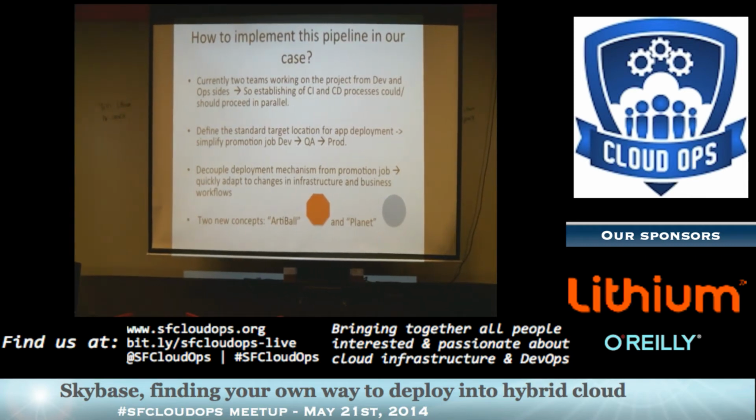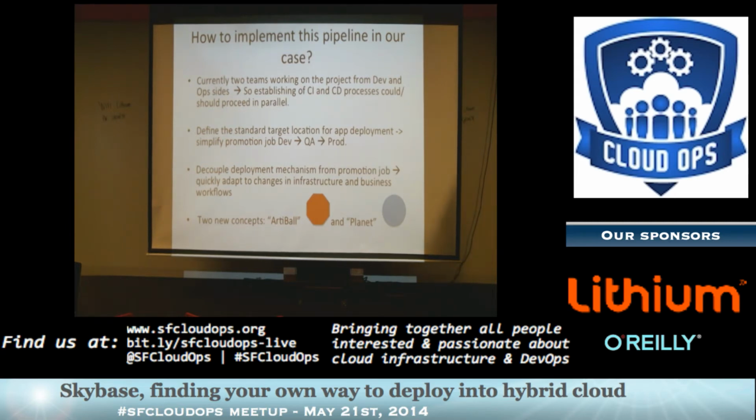Fortunately, we have two teams who are working on this pipeline. It's like Tara's team coming from dev perspective, and our team comes from ops perspective. And we will have to meet in the middle to create a complete pipeline. After that, we have multiple different places where to deploy it. We have multiple physical data centers in San Jose and Amsterdam.